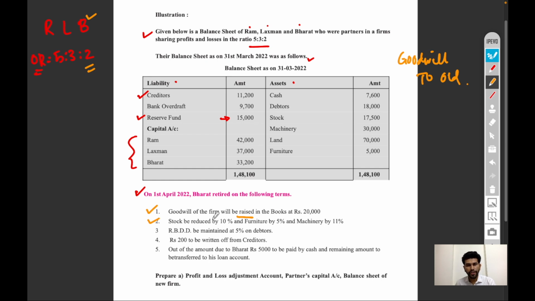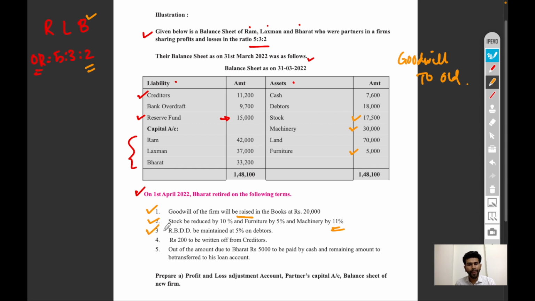Stock be reduced by 10%, and furniture by 5%. There are adjustments in stock, furniture and machinery. Machinery will be reduced by 11%. So the amount will be recorded in the inner column.